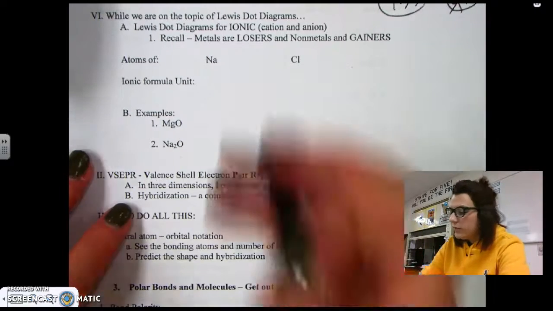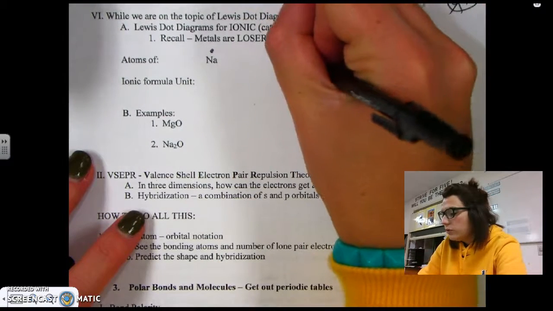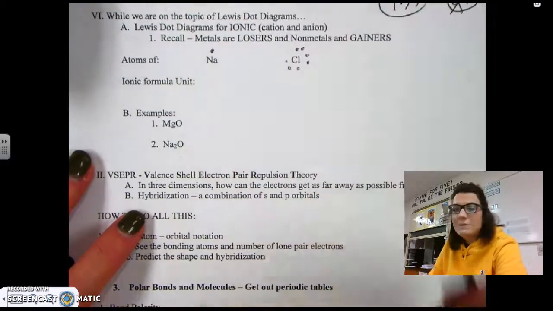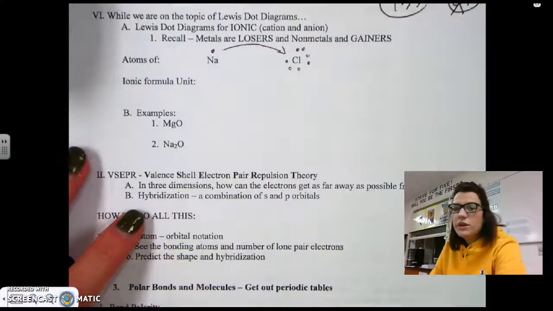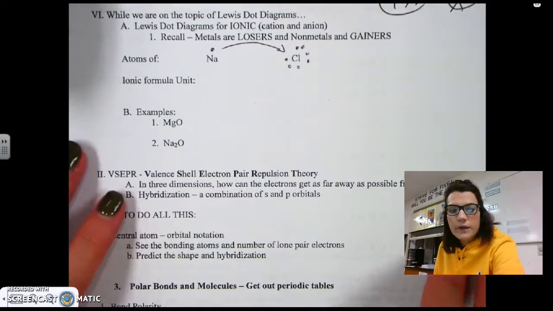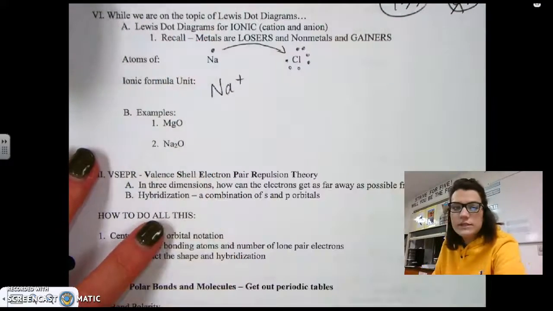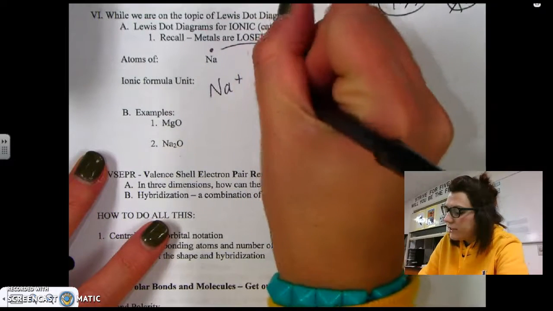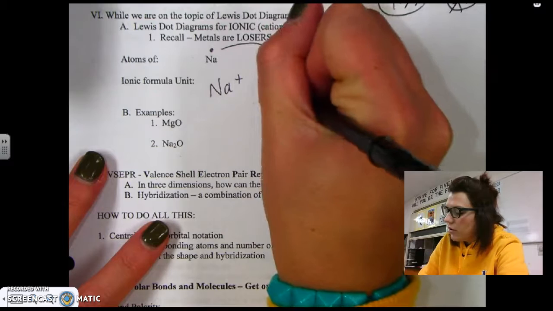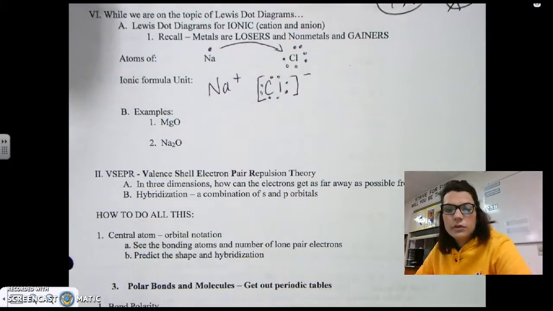Okay, so for instance, sodium has one electron it can lose where chlorine has one spot where it can gain an electron. So what's going to happen is sodium will throw its electron to chlorine, and since sodium lost its electron, it'll be plus, and now that chlorine has a full outer shell, we're going to box it in and give it a -1 charge.